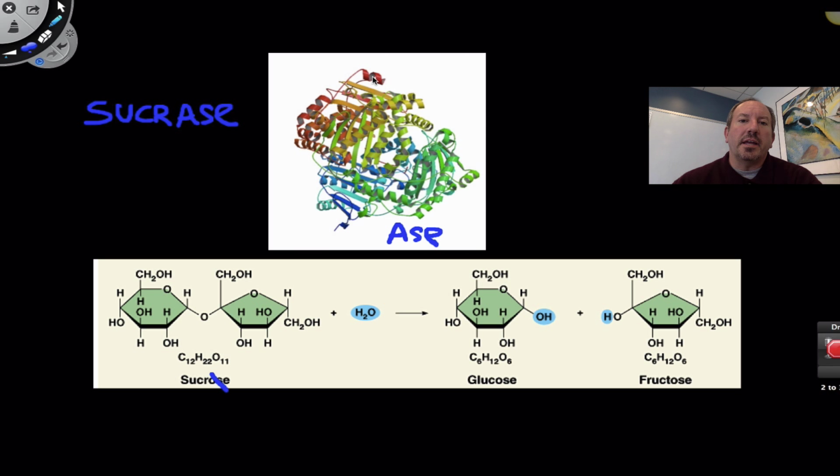What's happening here three-dimensionally, you might notice in this cool photo, you can see alpha helix, beta pleated sheet, alpha helix, beta pleated sheet. This is the tertiary or 3D structure of the protein, and it has indentations or alcoves right in here.